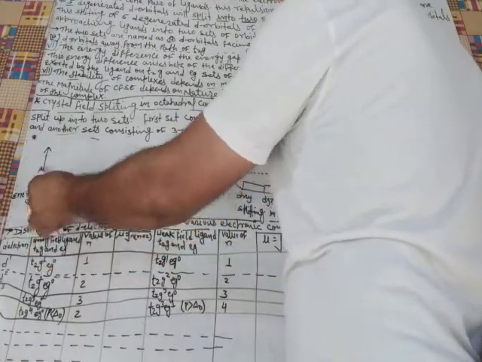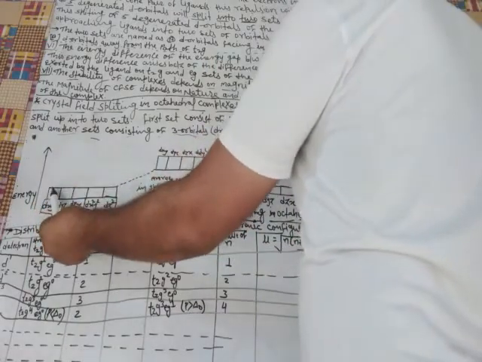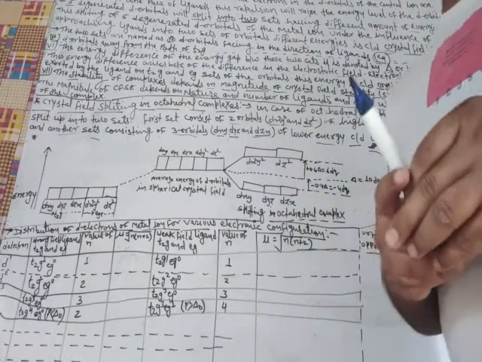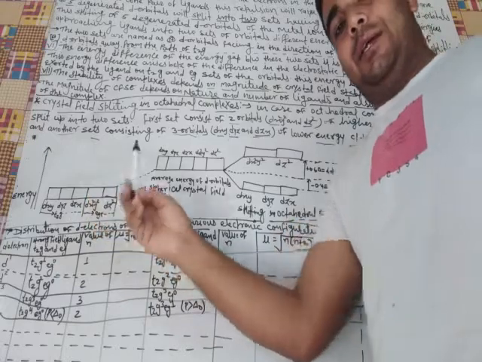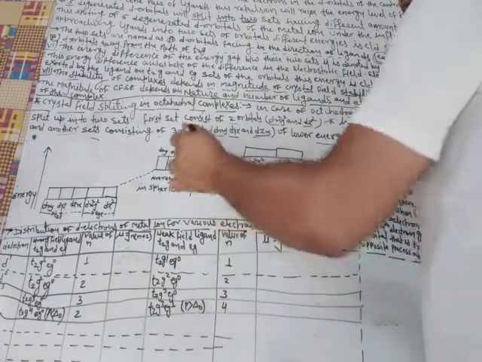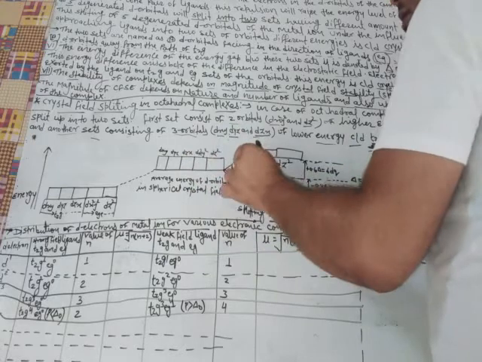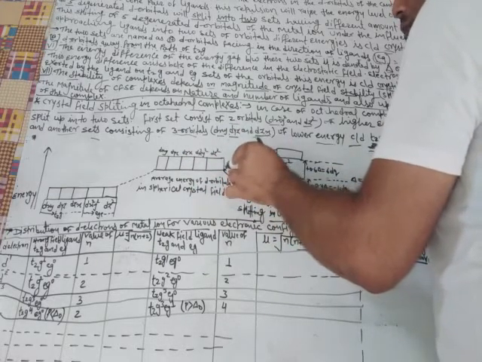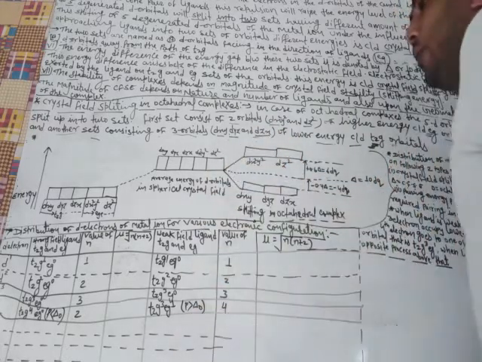This arrow indicates the increasing order of energy. In the ground state, there are a total of five d orbitals: dxy, dyz, dzx, dx square y square and dz square. In the excited state, also five d orbitals, but at higher energy it is split into two levels: a higher energy level and a lower energy level.